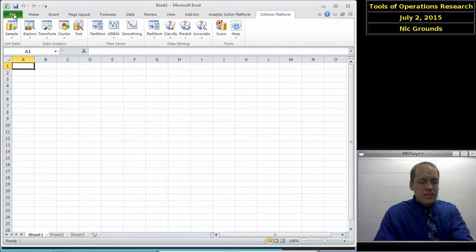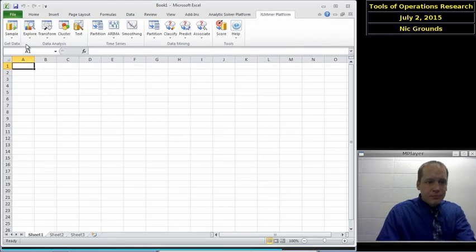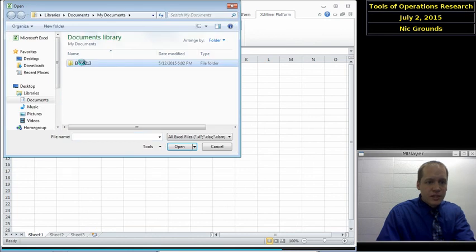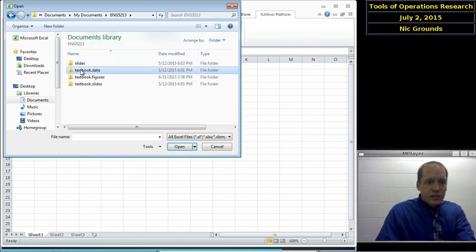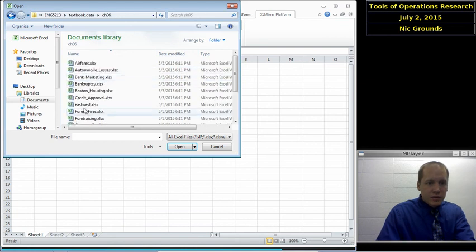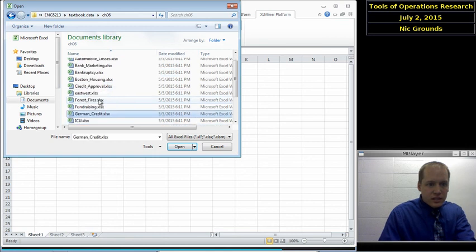Okay, so let's take as an example, this is data that was provided with the textbook for informational purposes and example purposes. Let's take the credit data.